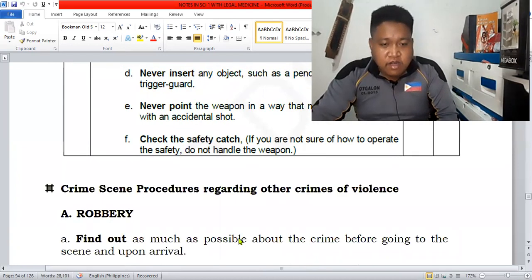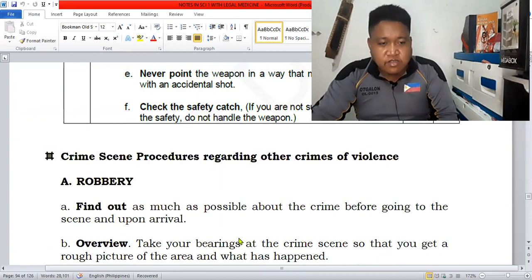Okay. So crime scene procedures naman regarding other crimes of violence, such as robbery. So what will you do at the crime scene? Find out as much as possible about the crime before going to the scene and upon arrival. Especially pag robbery yan, of course, commonly ang robbery is ginagawa yan ng armed group of people, or armed person.